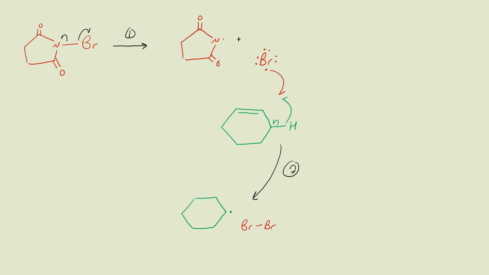One electron from the carbon radical and one electron from this Br bond come together to form a C-Br bond, and this other electron that's left over goes to the other Br to give you this product. Steps 2 to 3 can repeat over and over until the cycle is broken.